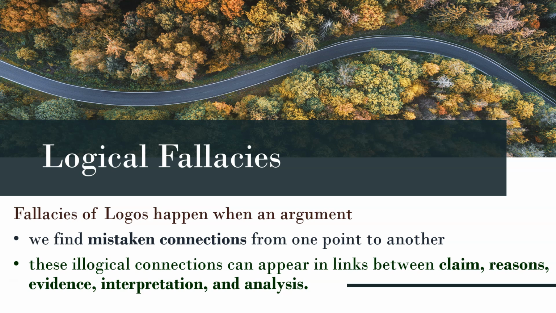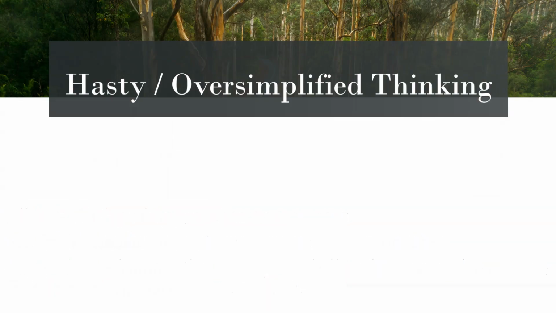So either when somebody is moving from point to point in an illogical fashion, or when somebody's developing their point in an illogical fashion. So let's take a look at some examples of how these can happen.